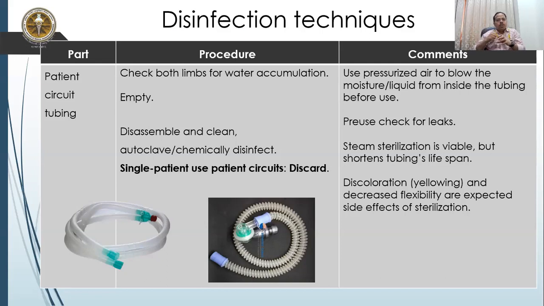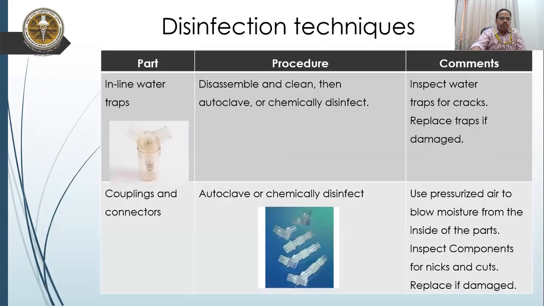So you always use pressurized air to remove the water, moisture, or liquid from inside. And if after repeated autoclaving you see a yellowish discoloration or decreased flexibility, you need to understand that the circuit is going to be damaged. So you better avoid it and take a new circuit.